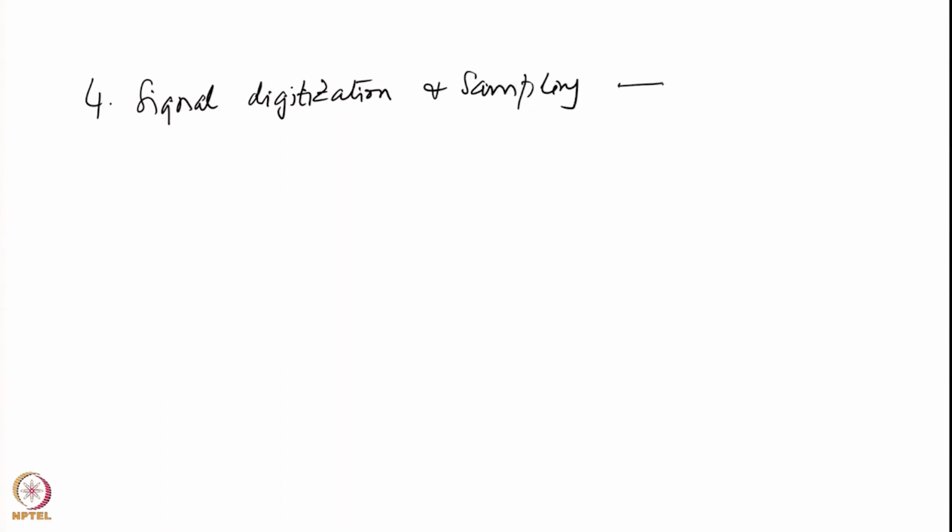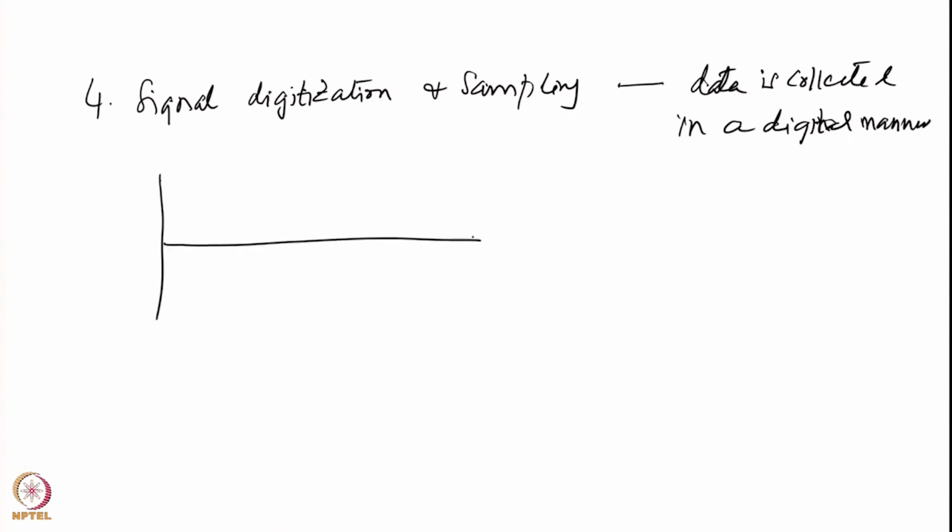So this is because data is collected in a digital manner. In other words, if my FID is like this, what I will be doing, I will be collecting data here, here, here, here, here and so on.